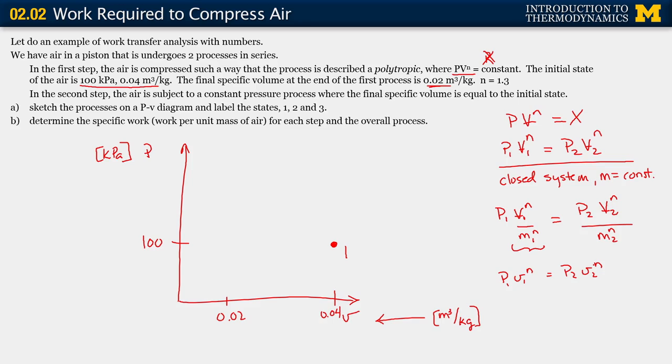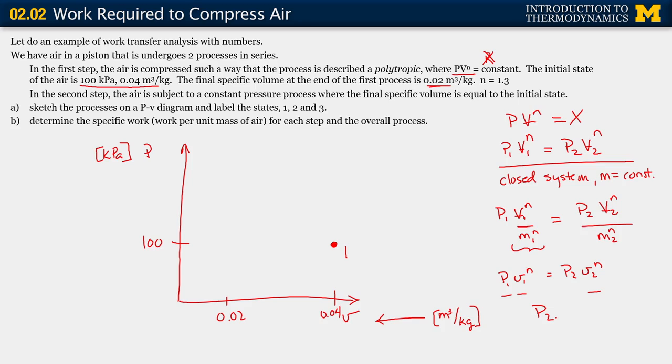Right? So that's important because our problem statement gives us information in specific volumes, not in absolute volumes. So we look at this expression, we say, hey, look, I know state 1's pressure and specific volume. I know the specific volume at state 2. Plug and chug through this problem, and you can determine what the pressure is at the end state of process 1 to 2.